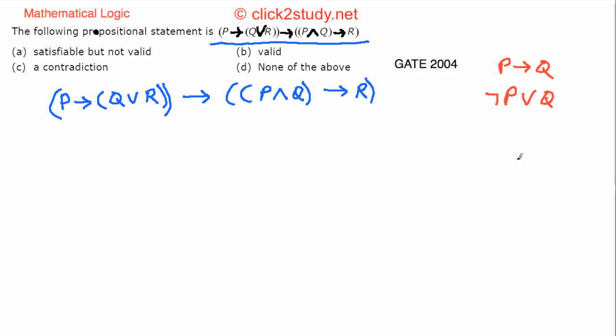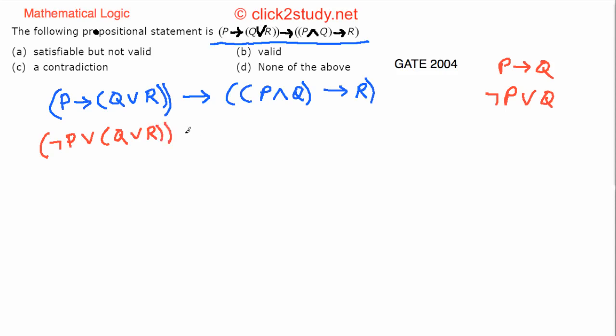So I'm going to write this down as not P or this whole thing. So this becomes not P or (Q or R).